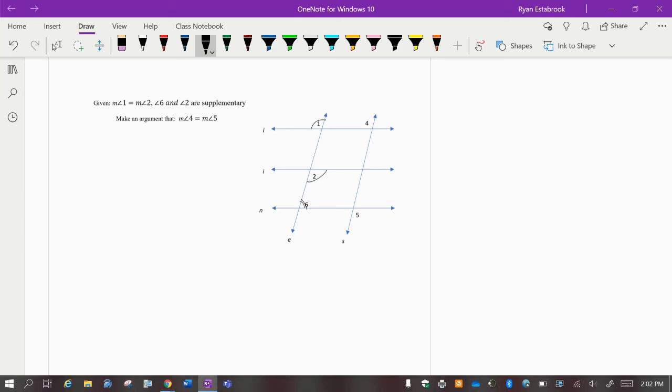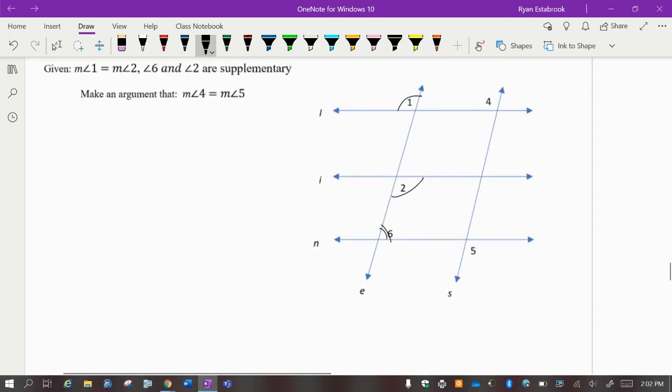So because it was given that measure of 1 equals measure of angle 2, we could say that, kind of hard to read these letters, but line L is parallel to line I, and the reason for that is since those alternate exterior angles are equal, the lines are parallel, or you could say the alternate exterior angle converse. Because those angles are equal, it means these lines are parallel to each other.